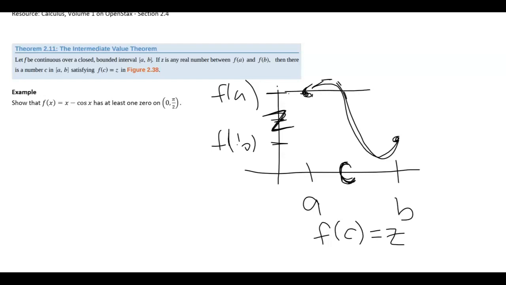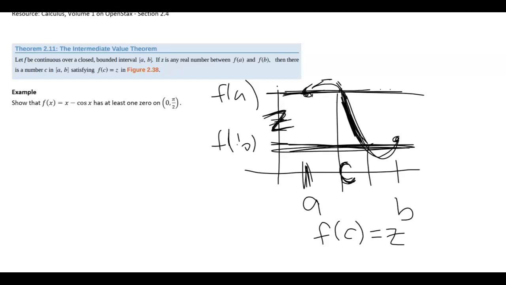So between here and here, I have to have numbers between f of A and f of B, like that makes sense. And so really my c is in this interval, that's fine. But it's just guaranteed that between these two y values is some number and it has to correspond to the two x values here.